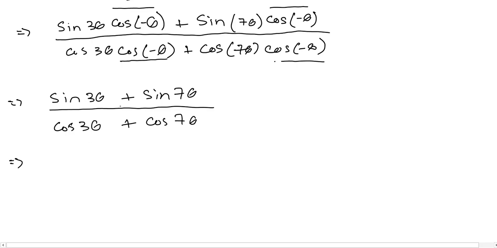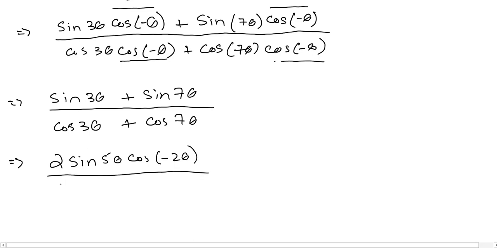Now again applying the same identity we applied in the very first step, sine u plus sine v, in the numerator we will have 2 times sine of 3 theta plus 7 theta over 2, which is 10 divided by 2, so just 5 theta. And cosine of 3 theta minus 7 theta, which is negative 4 theta divided by 2, so negative 2 theta.